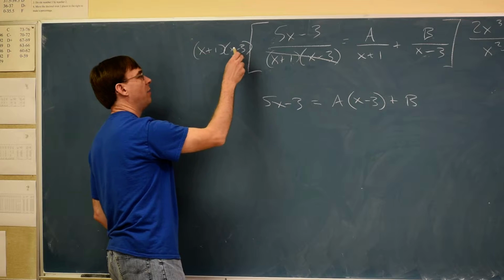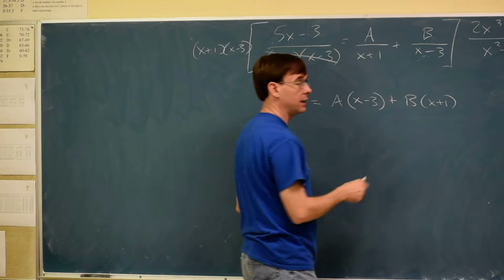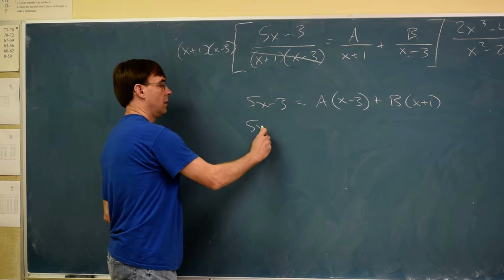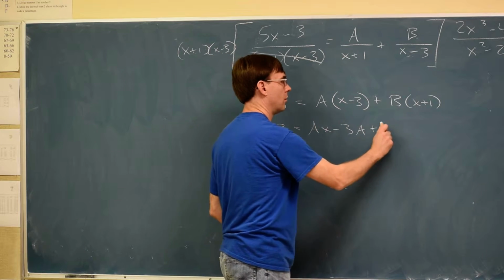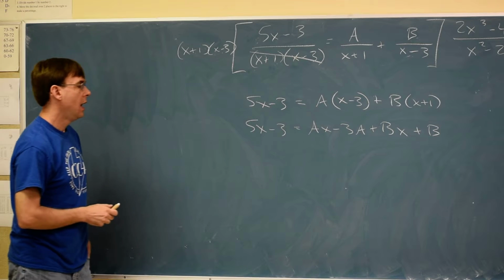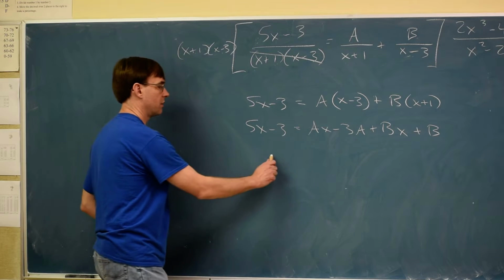This would get bumped off by this, but the x plus 1 would multiply the B. And we get something that looks like that. Distribute. And then use the variables to spot some like terms.